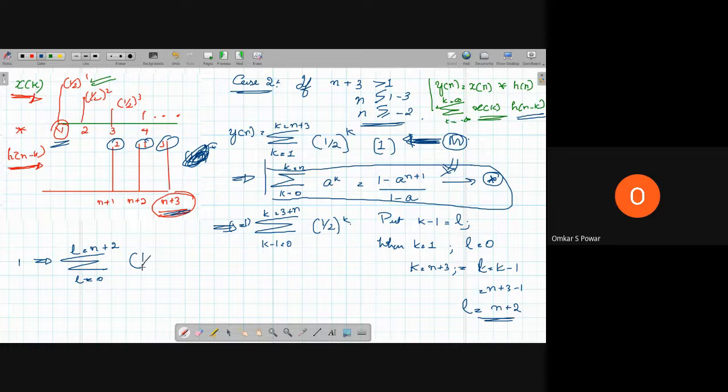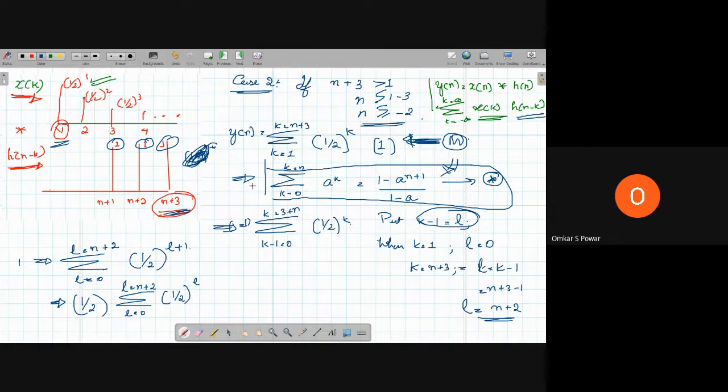Half of k is nothing but, k minus 1 is equal to l, k is equal to l plus 1. Now let us bring this, so half of l plus 1, half of l into half. So half I'll bring outside, and summation l varies from 0 to n plus 2, half of l.